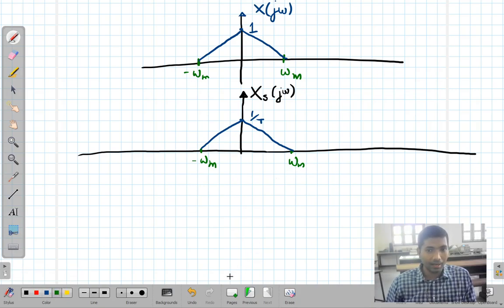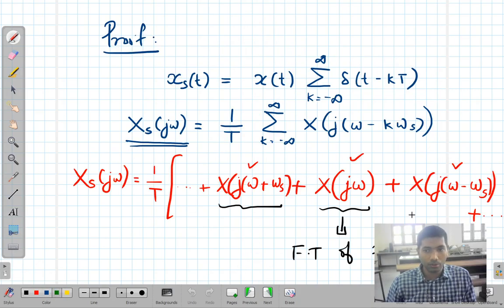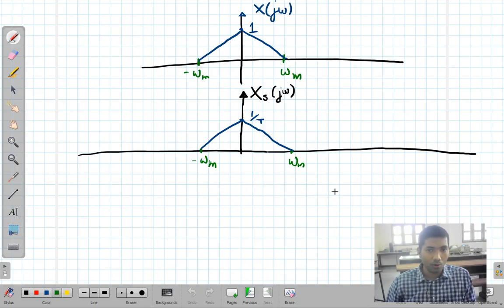The next signal, which corresponds to X(jω - ωs), is, suppose ωs is somewhere over here. I am taking it randomly here. This is not random. ωs is obtained from capital T, ωs = 2π/T. So once you fix the sampling period, ωs will be finalized.